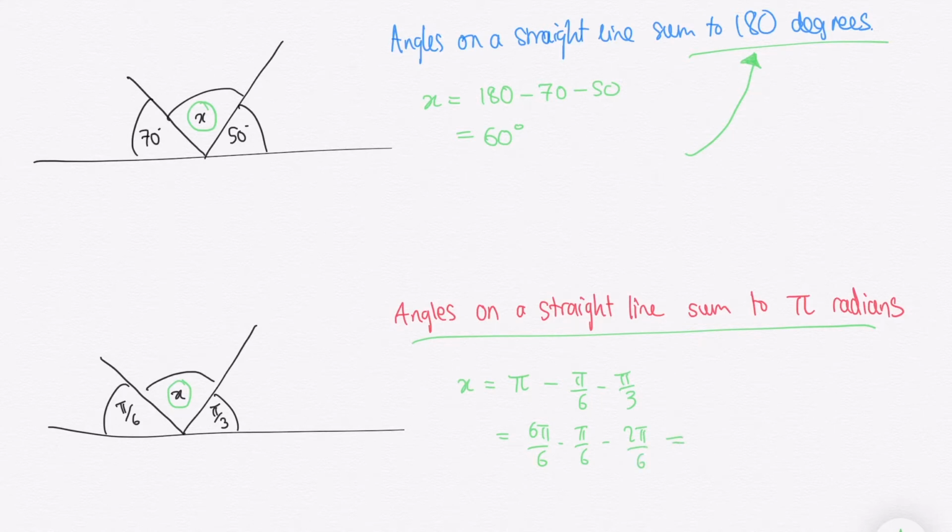So what is that? That is going to be 3 pi over 6, and simplifying that, that is pi over 2. And notice that this is half of a straight line, because if pi radians is a straight line, pi over 2 radians is half of a straight line, also known as a right angle.